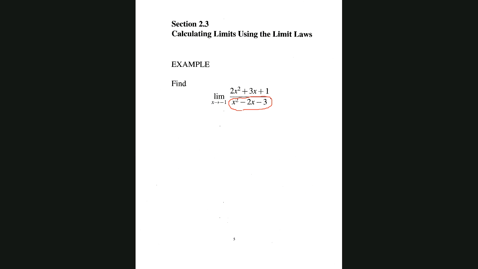So the function's not defined at x equals -1. However, we can still take the limit of the rational function as x approaches -1. That's something you learned from your last homework, that the function doesn't have to be defined at the value in order to take the limit. Are there any questions so far?